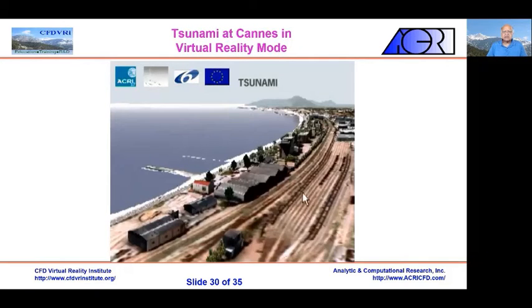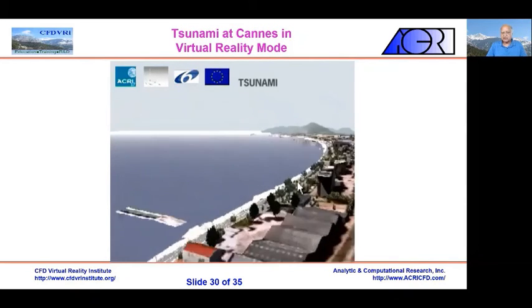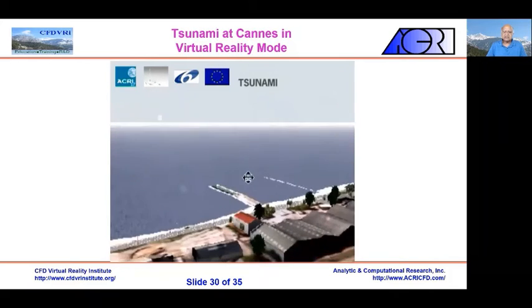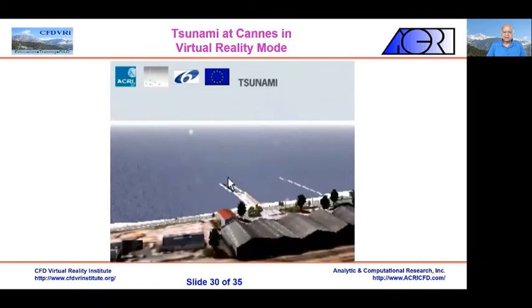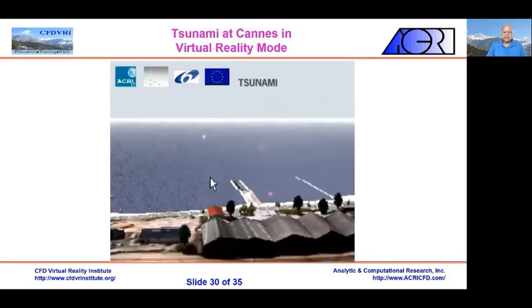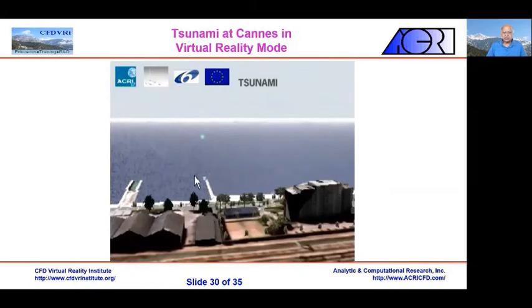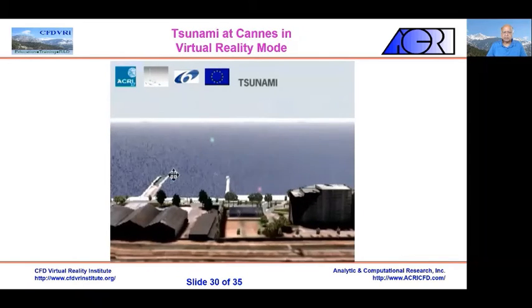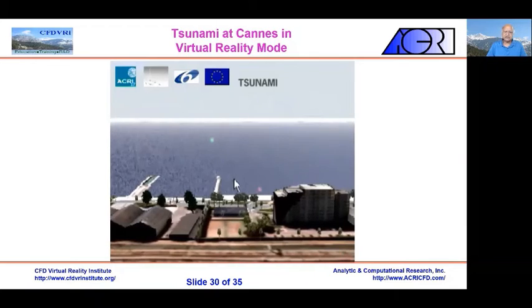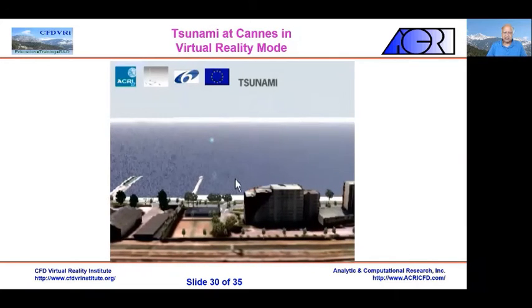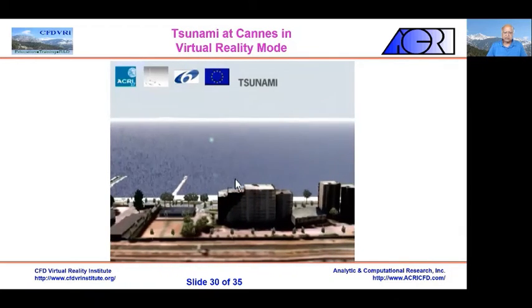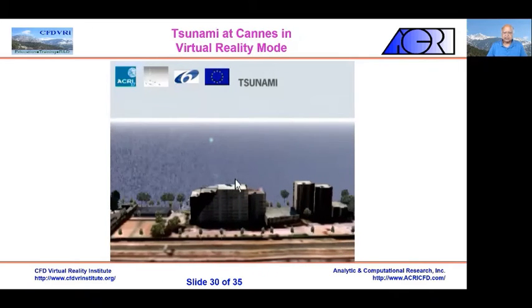Here is the case of a tsunami. Imagine a tsunami coming and hitting the coast of Cannes. And this is the actual coastline of Cannes. And you can see in this one how the tsunami inundates part of the shore, and some lower floors of the buildings get inundated with water, and also the whole area.